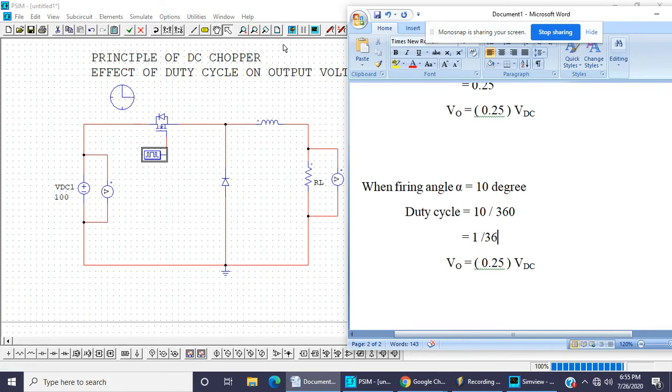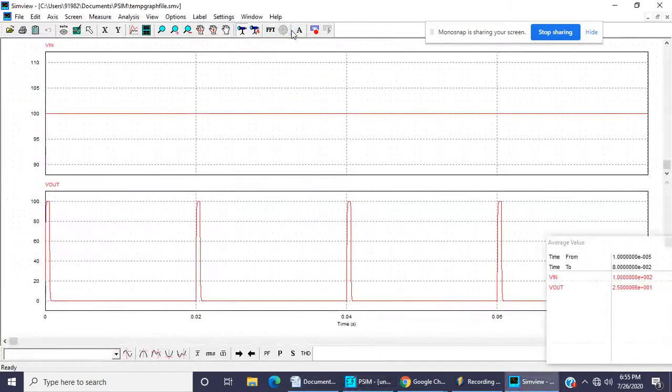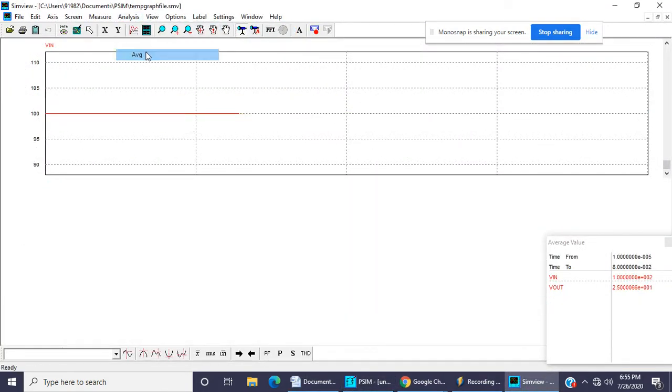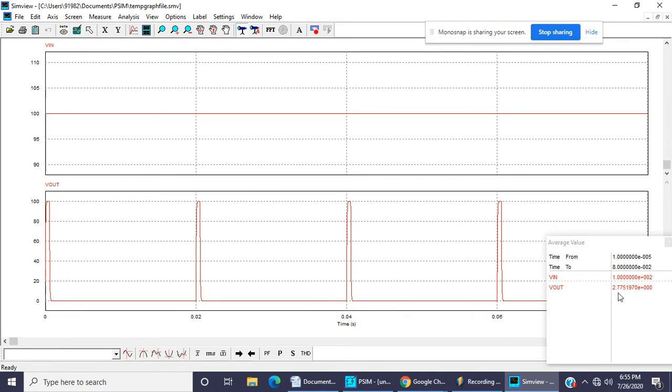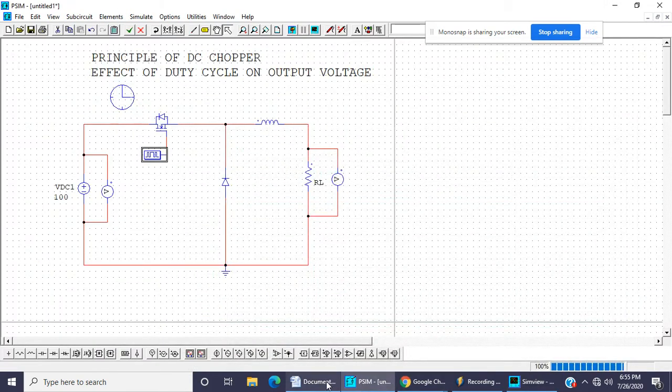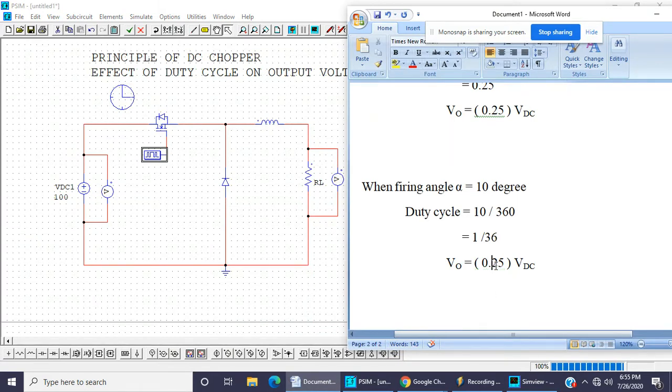Let us measure it. Okay, now average voltage. So this is 2.775, 2.775 means here we will get 0.0275. Now let us check it.